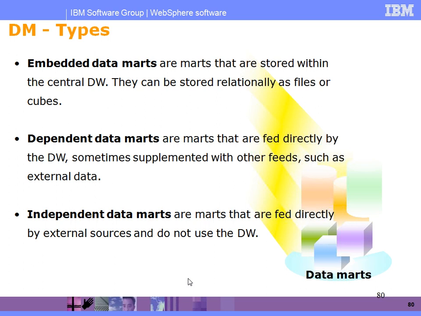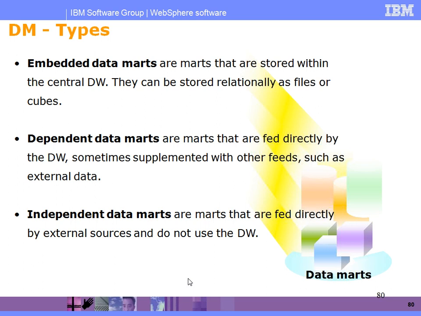That's called dependent data marts. The marts we create in the top-down approach after creating the data warehouse, as a separate system, are dependent data marts. They are fed directly by the data warehouse, and sometimes we also get data from some external applications.